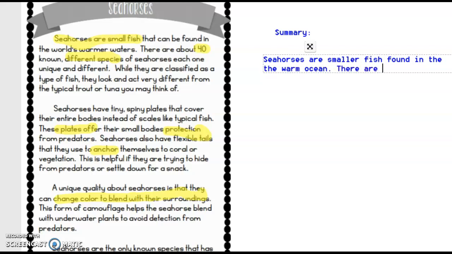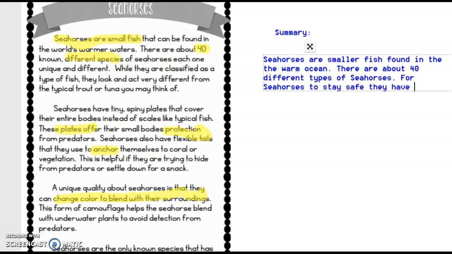There are about 40 different types of seahorses. For seahorses to stay safe, they have plates on their bodies, and also their tails act as anchors.